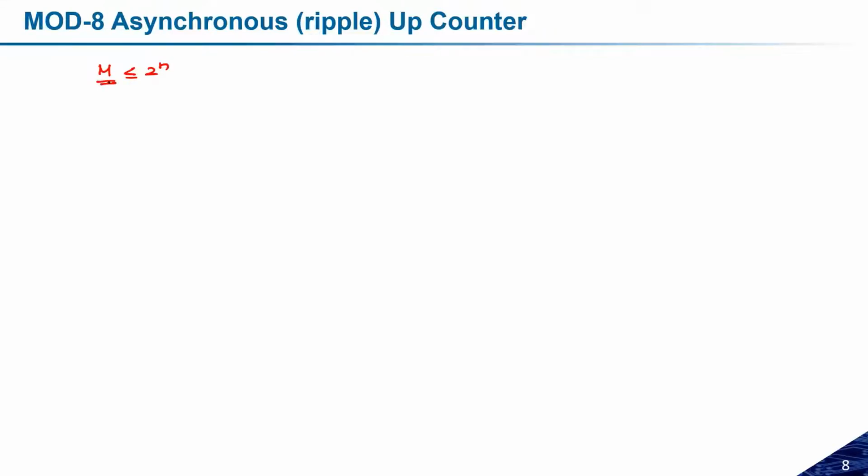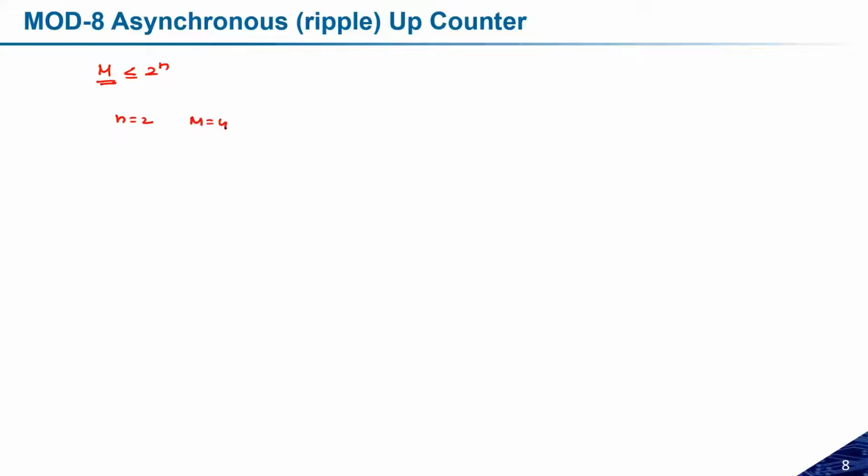Suppose I have 2 flip-flops, so the total possibilities could be 4. If n is equal to 2, in that case M will be 4.